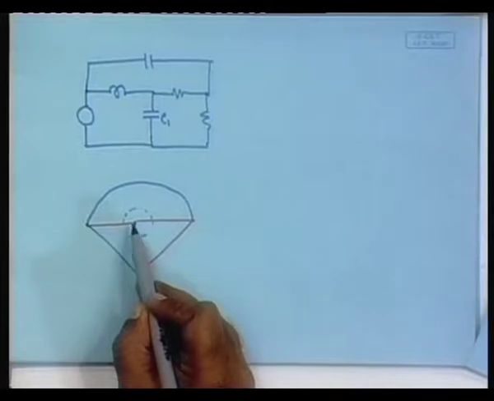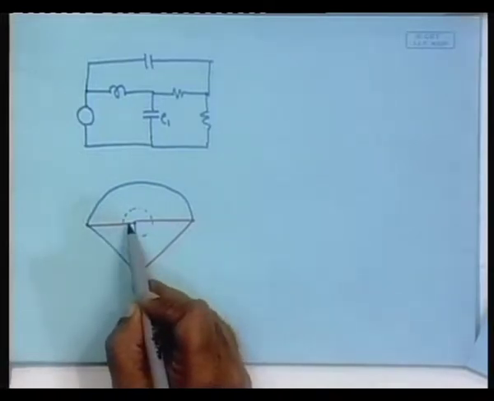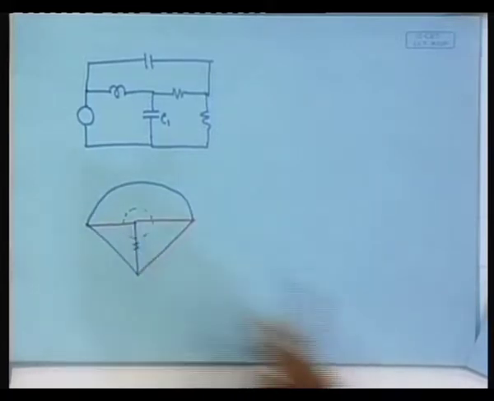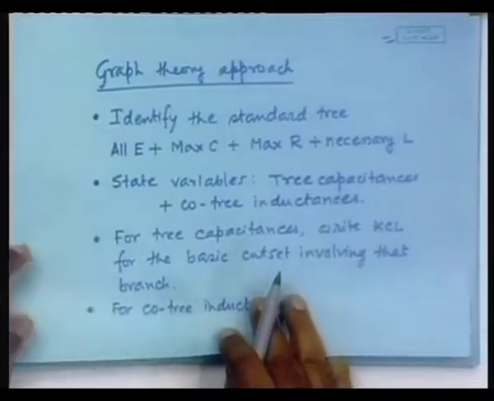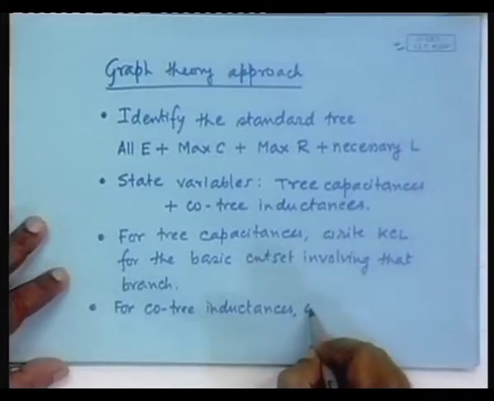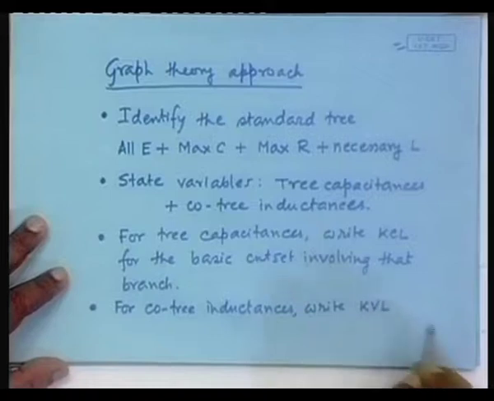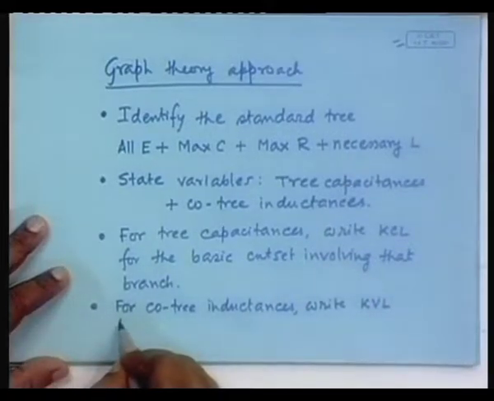The loop that contains this particular branch, but only one co-tree branch. How do you identify that? For co-tree inductances, write KVL.